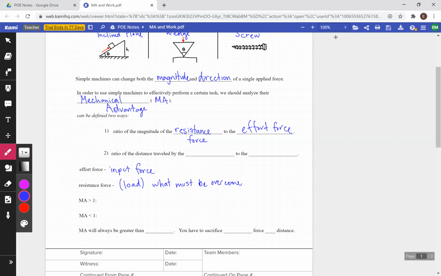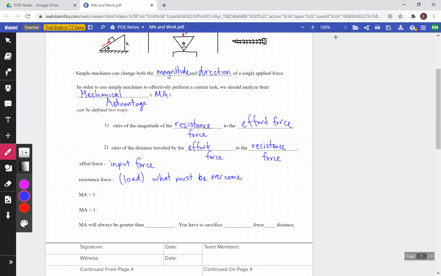Another way that we can define the mechanical advantage is by looking at the distance traveled by those forces. So it's the ratio of the distance traveled by the effort force to the resistance force. They switch places when we're looking at distance versus magnitude of the force.